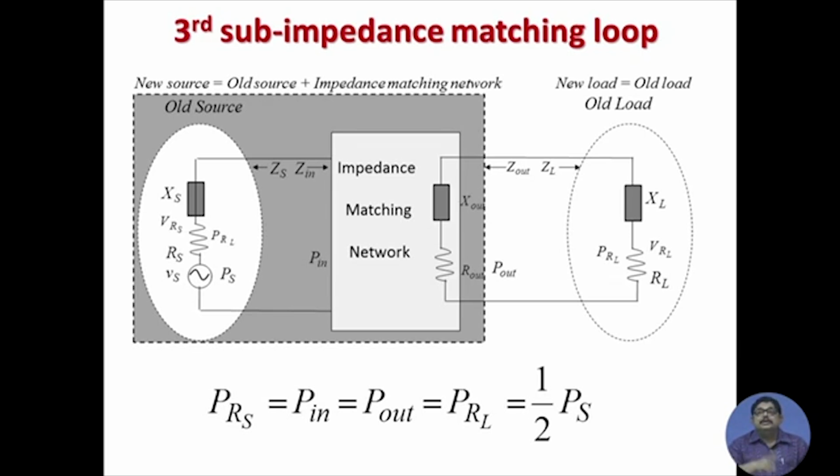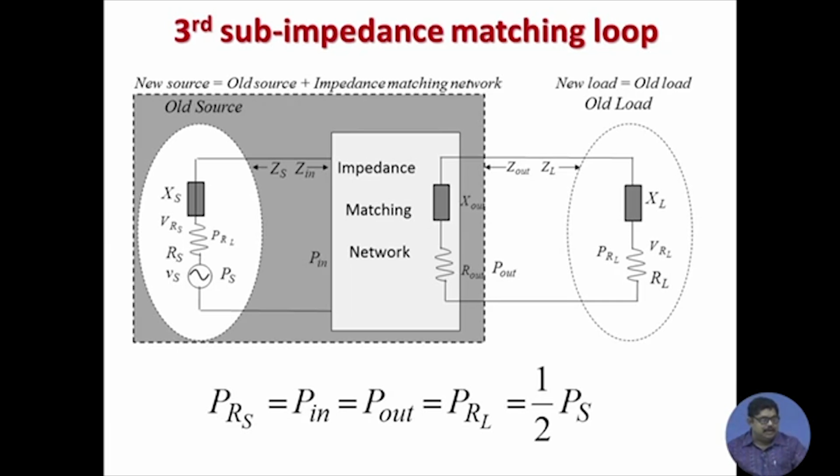So, with this introduction of the impedance matching network, you are also achieving the same thing: half of the source power PS is in the source resistance, and half of that is in the load resistance.